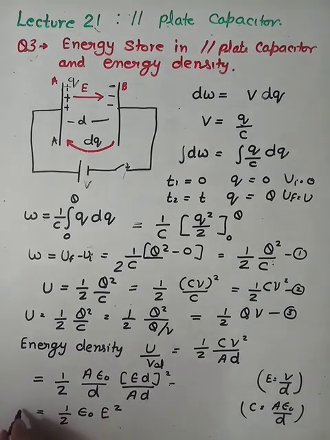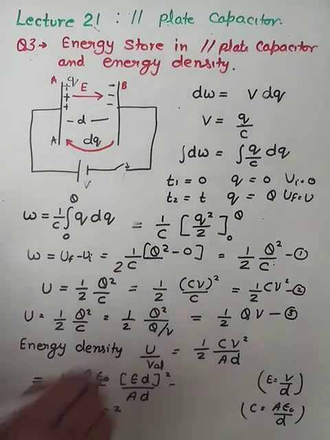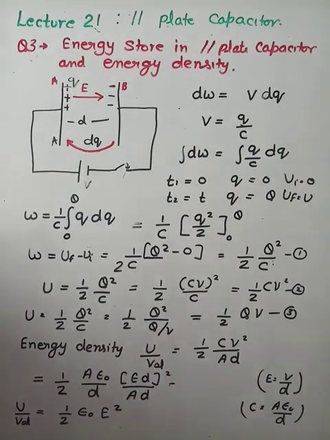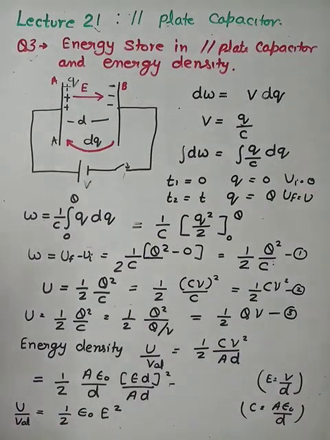This is called the energy density or energy per unit volume. So the formula for energy density is half epsilon naught E square, where E is the electric field and epsilon naught is the permittivity of free space. This is equation number 4.